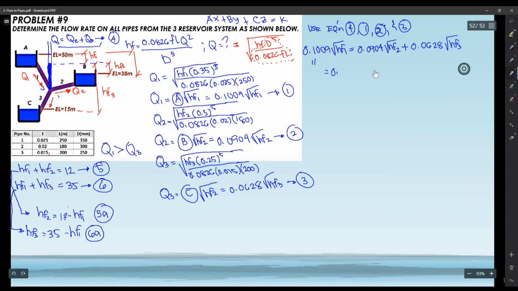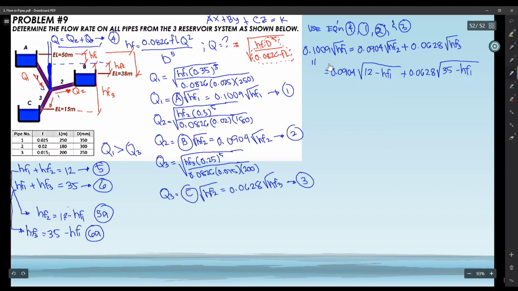Sorry, 0.09. And then the square root. So HF2 equals lang dito, the square root of 12 minus HF1. And then plus 0.0628, and then square root of, ayan nga, HF3, which is that is equals to 35 minus HF1.